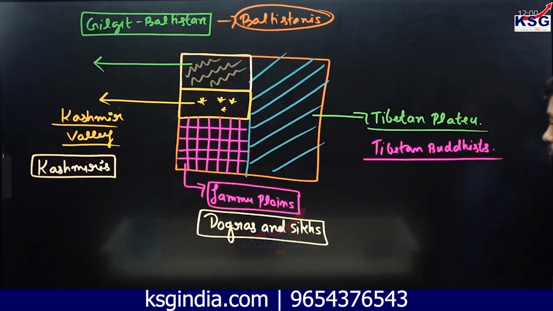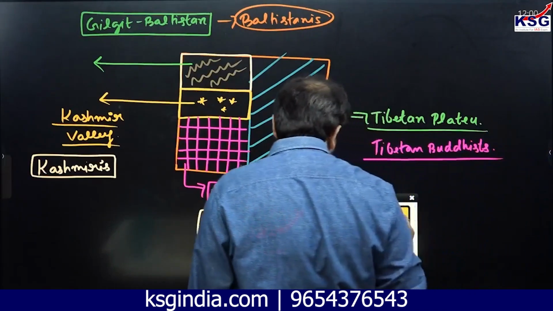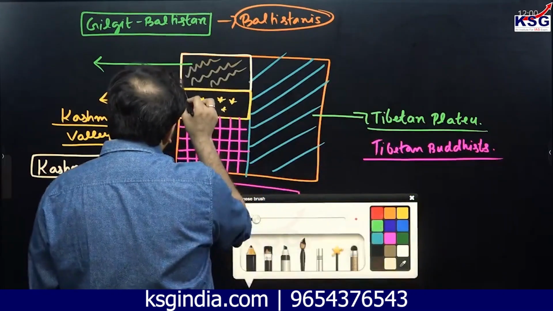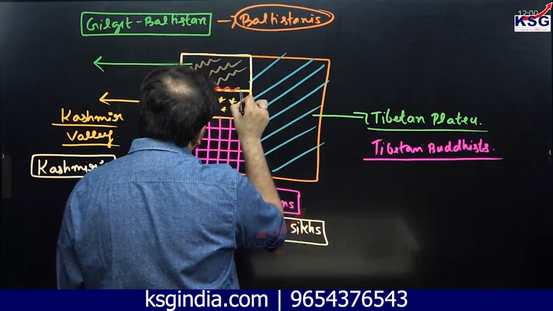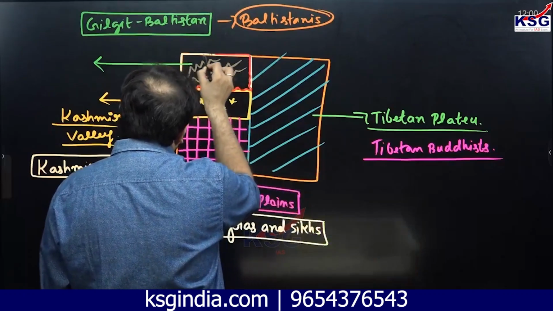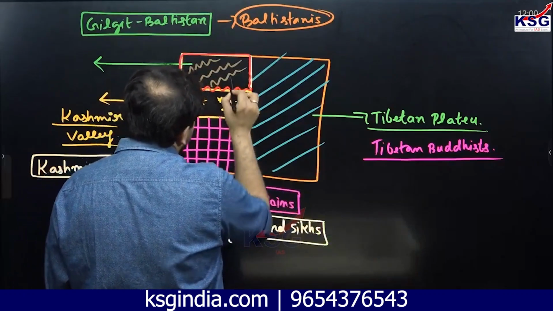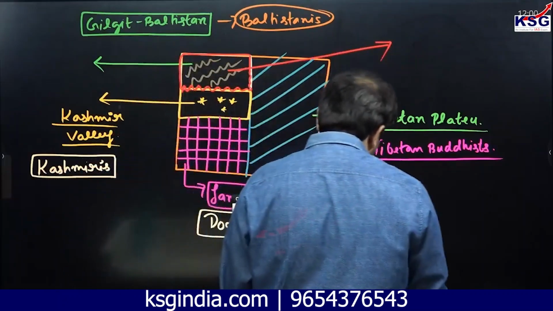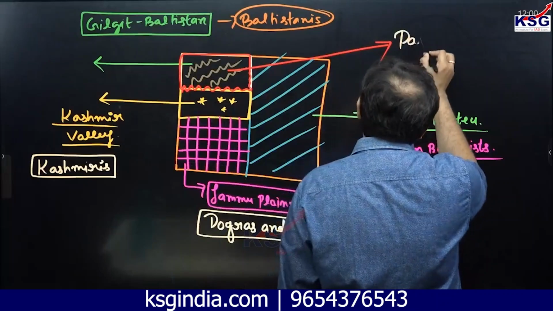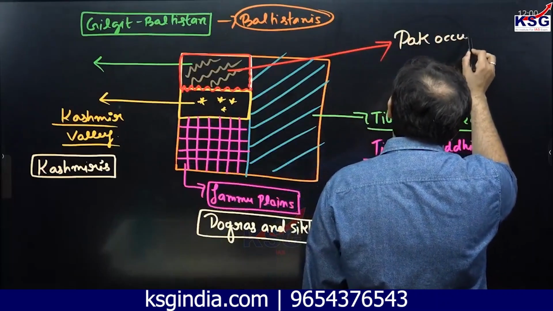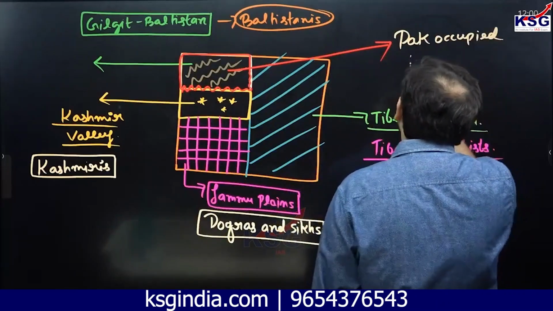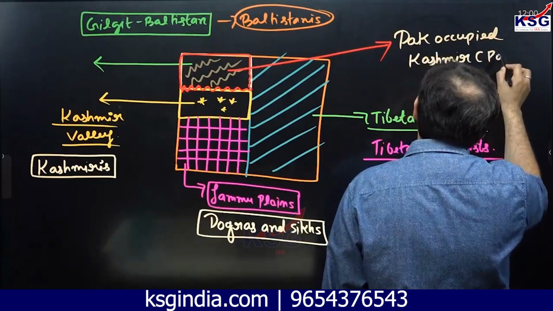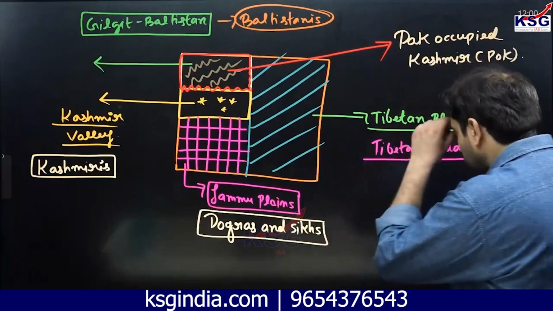What we know as a ceasefire line, or the line of control, is a line which goes like this, which has marked the Gilgit-Baltistan region into what is called the Pak occupied Kashmir, also known as POK.